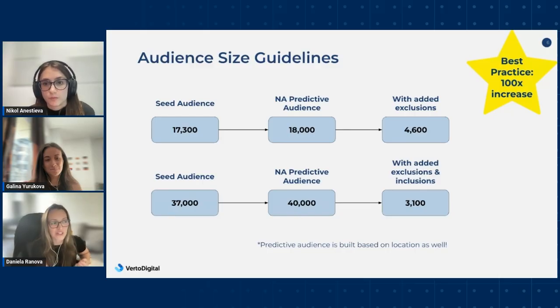And as I mentioned earlier, sometimes the predictive audiences add a couple more job titles, or any other targeting that we haven't necessarily given or don't necessarily want. So we still have to add exclusions. And once we add those, you can see in these examples how much the audience actually falls.